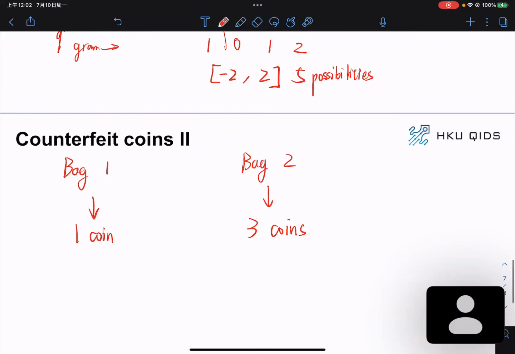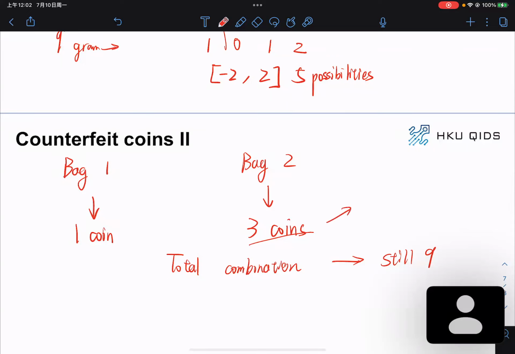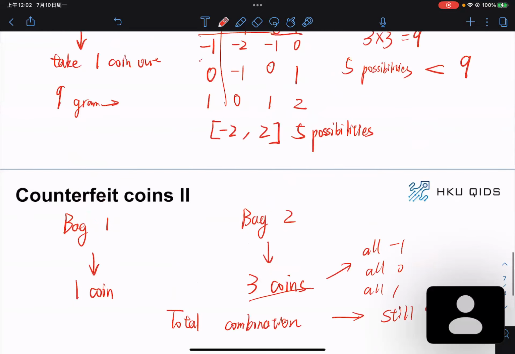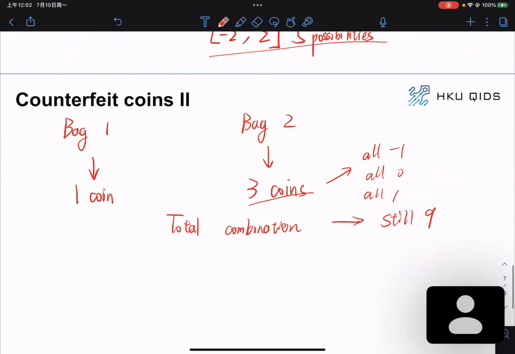Then the total combination is still 9. Why is it the case? Because all these 3 coins are the same. They are either all -1 or all 0 or all 1. But this time, the possibilities are going to change from -4 to 4, which gives us 9 possibilities.